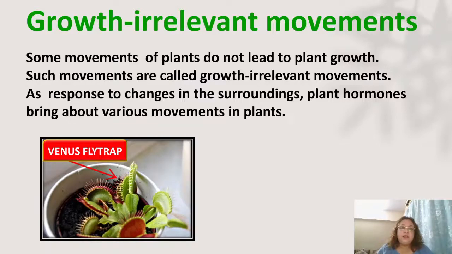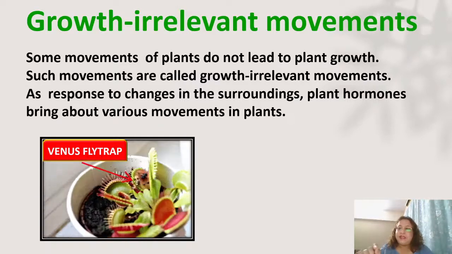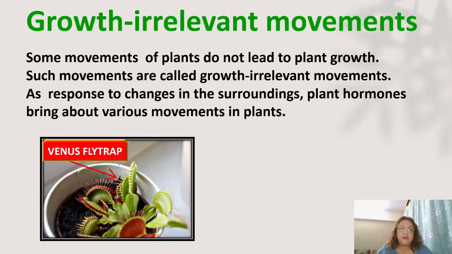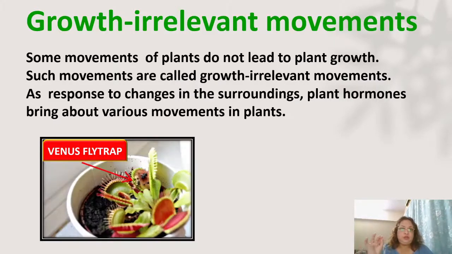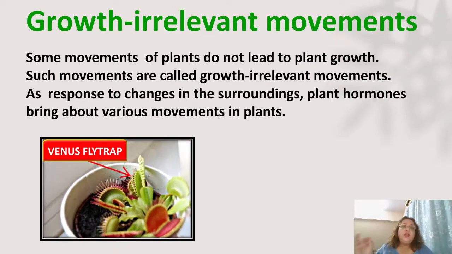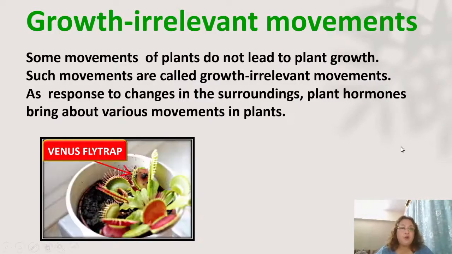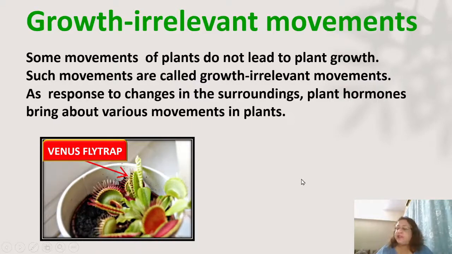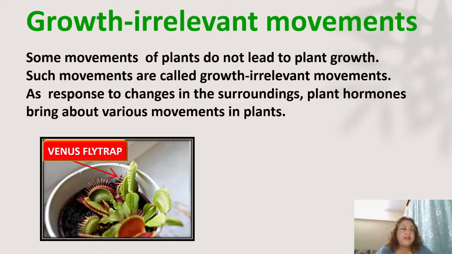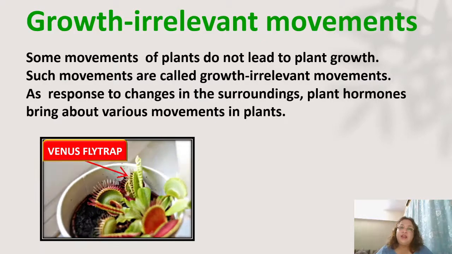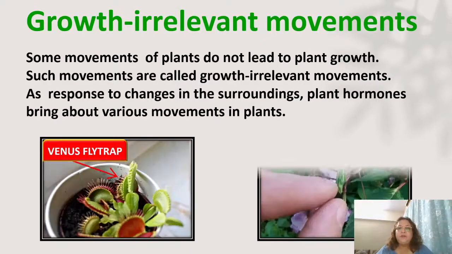This is just when they sense the insect coming, which is the food. It's an insectivorous plant. It will close. This is called response to changes in the surroundings or response to a stimulus and has nothing to do with growth. Hence, this kind of movement is called a growth irrelevant movement.